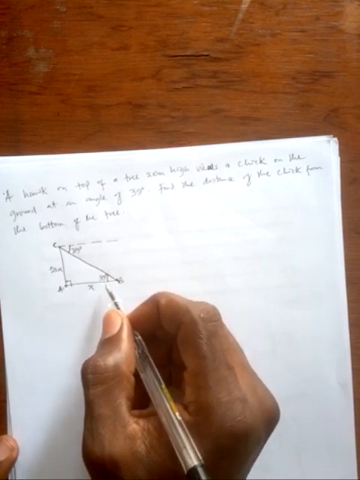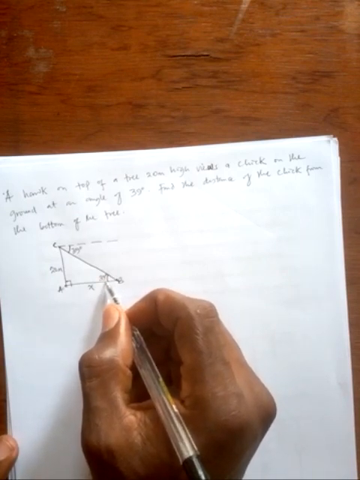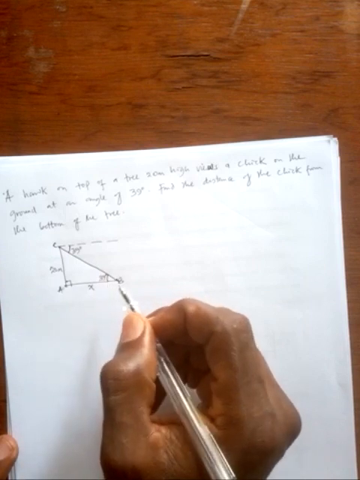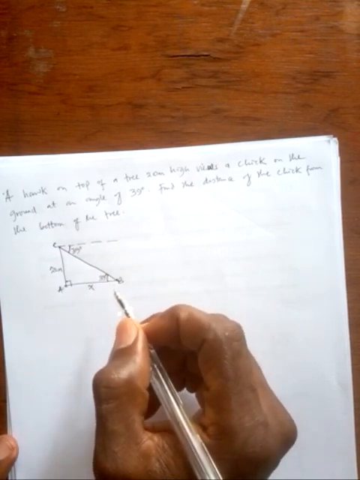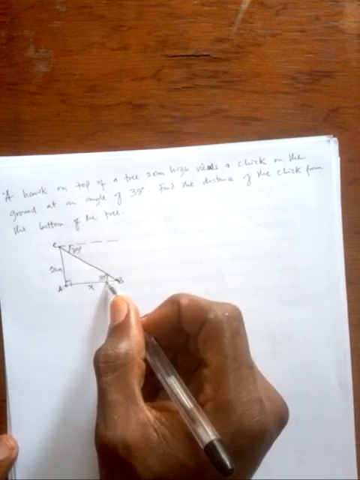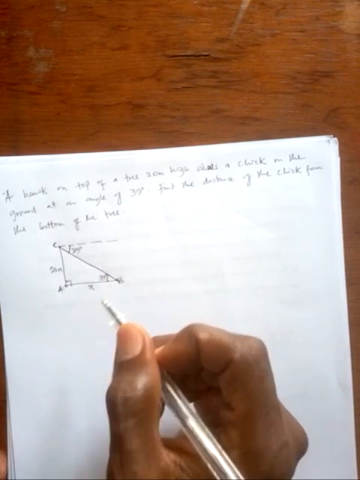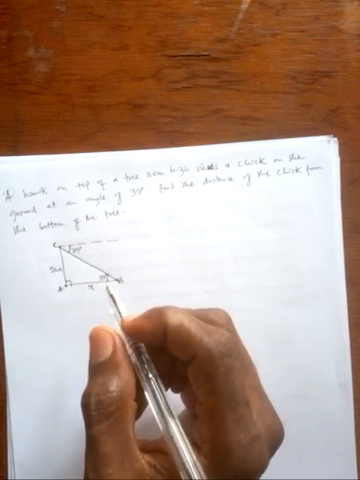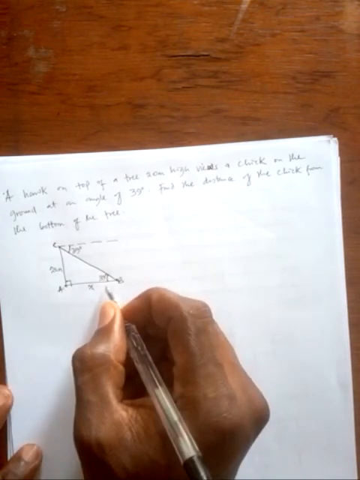So using this angle as our reference, which of the ratios should we use? This is the opposite side of this angle, and this is the adjacent side. So it simply means we'll use the tangent.